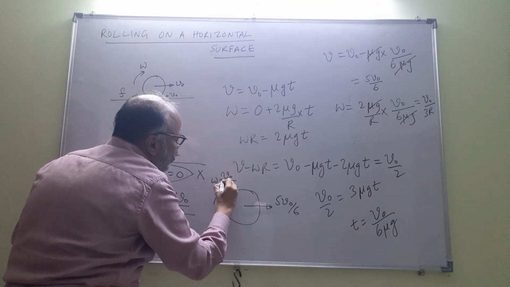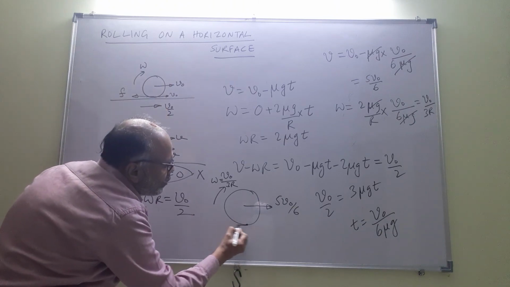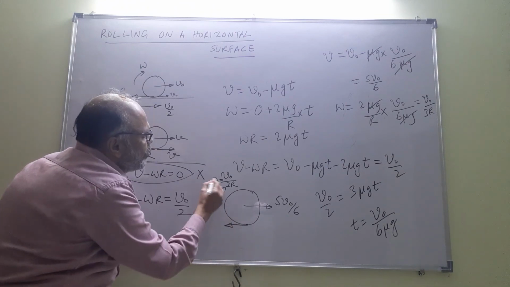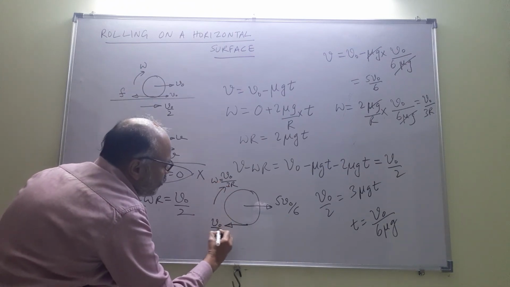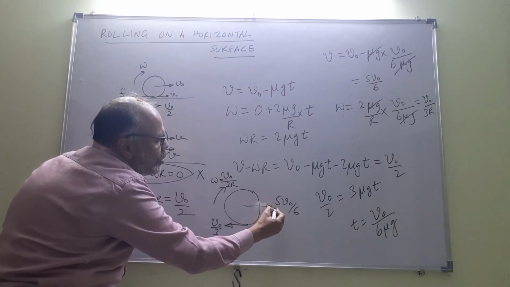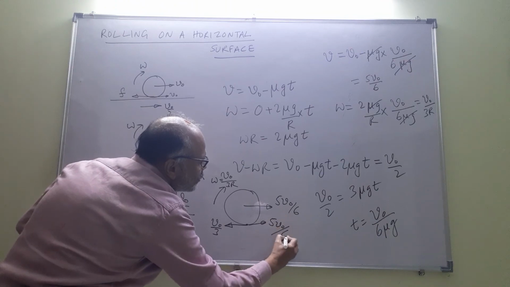That is omega. So let's see the point of contact. The point of contact will have a tangential velocity omega r given by v naught by 3, and superimpose the velocity of the center of mass on this, which is 5 v naught by 6.